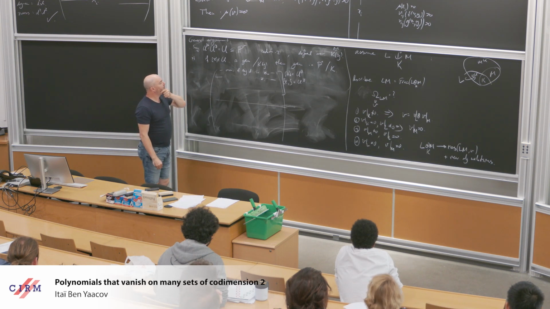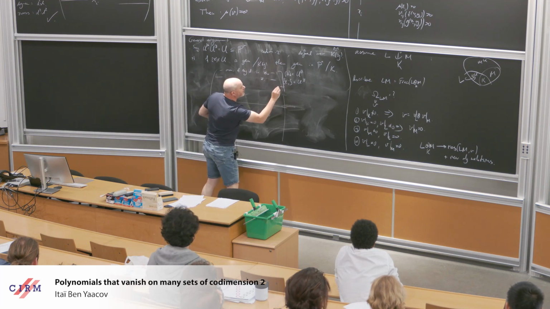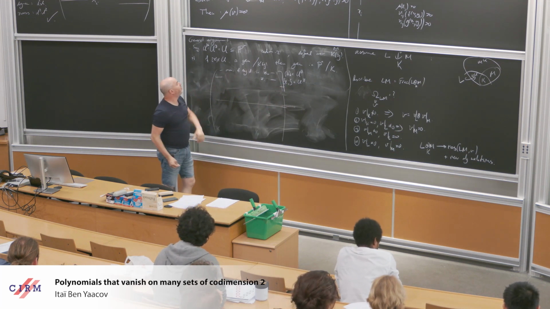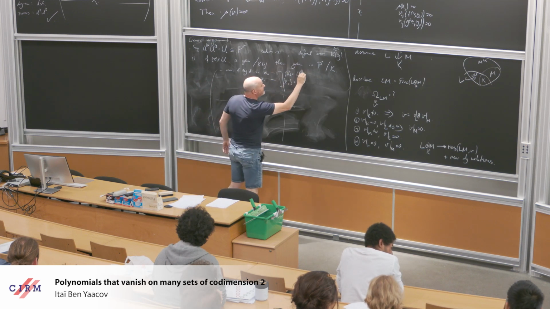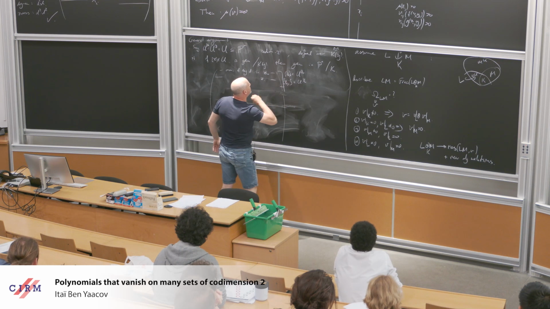Well, what do you do now? Actually, it's going to be a very small block, and I need some more. Well, I choose another y. So I'm going to call this y0. This is at position 0,0. This is at 0,1.